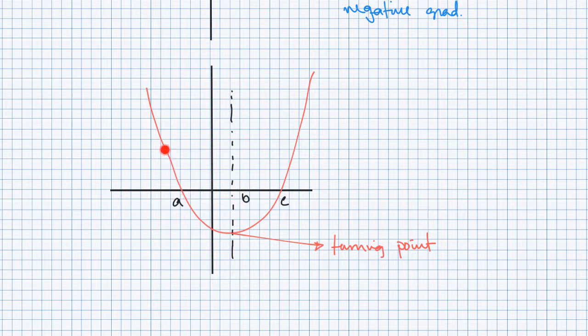Every part of it is negative. So if I sketch a quick gradient there, that gradient is negative. If I sketch a quick gradient there, it's still a tangent there, sorry, it's still a negative gradient. Long story short, for every value of x that you have here, this function is decreasing.